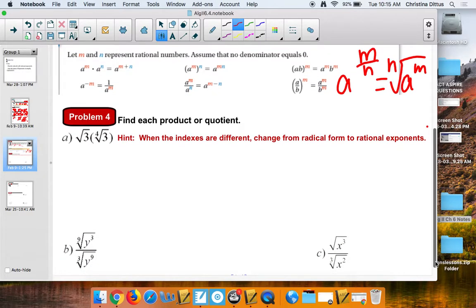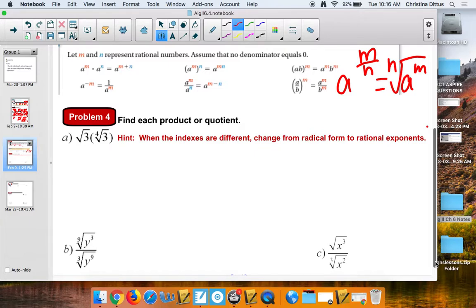Okay. Big thing, when we multiplied, divided before, added, subtracted, we talked about our index needs to be the same, right? Well, using fractions as exponents helps us do whatever without having the same index. Okay, so you notice, what's my first index with the square root of 3?